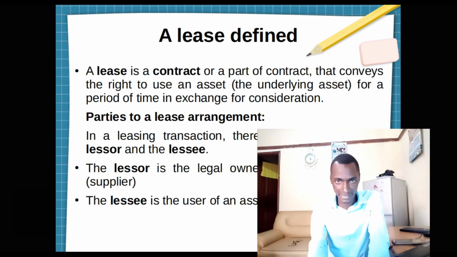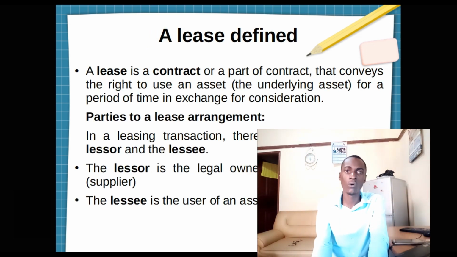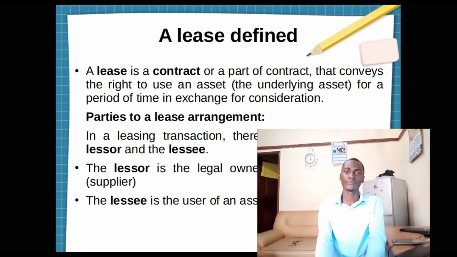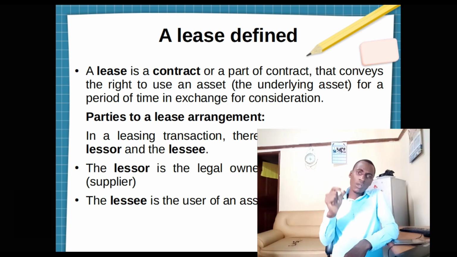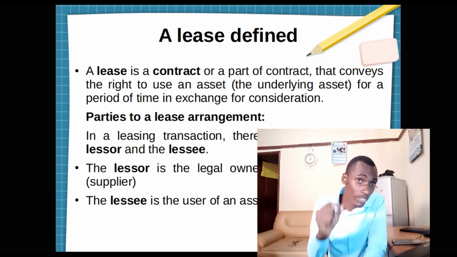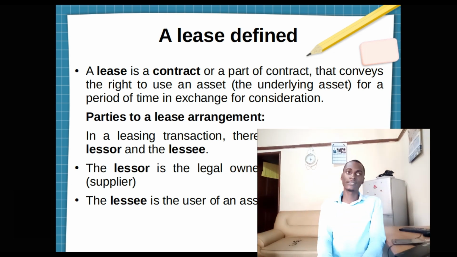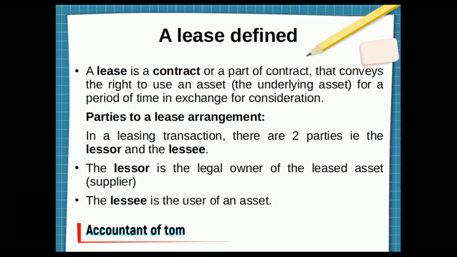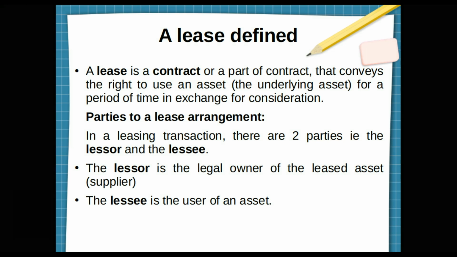A lease defined. We need to know what a lease is and then what the parties to a leasing agreement are. A lease is a contract or a part of a contract that conveys the right to use an asset for a period of time in exchange for a consideration.